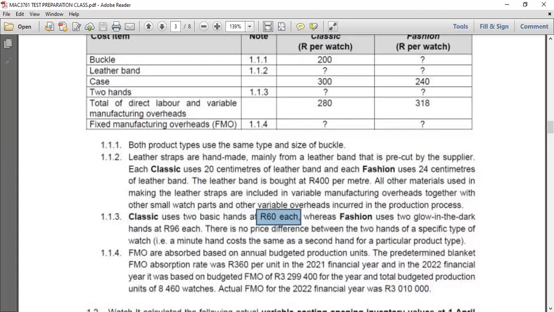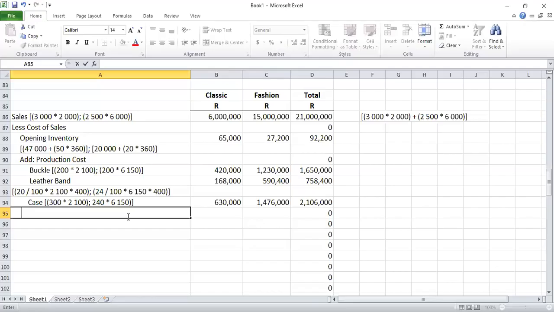Okay, so here we're given it's 60 each. So we should remember that we should multiply by 2 because each watch would need 2 hands. Then we'd multiply by the number of units. So 60 by 2 by 2,100.